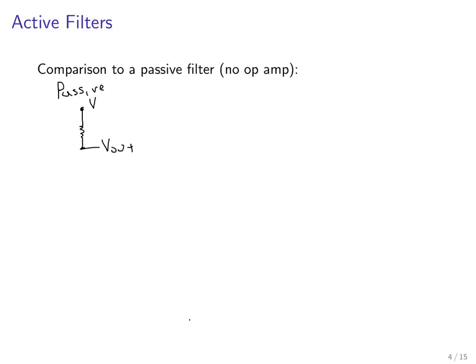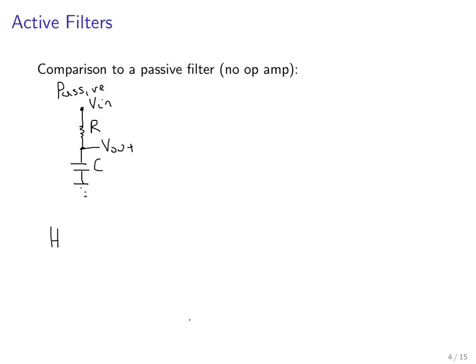Here's V in at the top, and then we have our capacitance, and then we have ground. So at any point in time we're measuring the voltage drop across the capacitor.